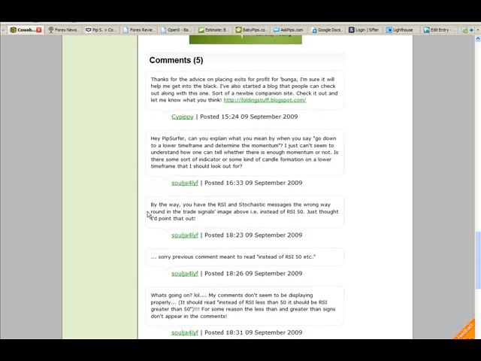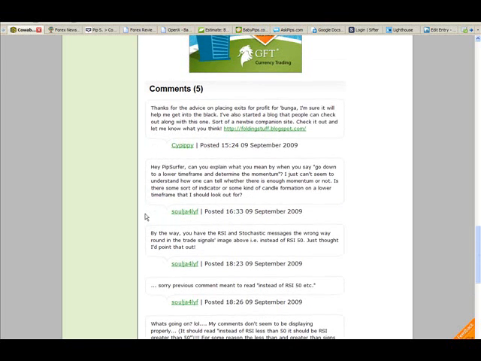Next comment was basically just talking about how I look at momentum when you go to a smaller time frame. Basically, you just zoom down to a 5-minute chart or so. Just look at indicators. Again, it really doesn't matter which ones you're looking at. You could also look at price action. But again, you're basically looking for something on the smaller time frame to indicate to you whether momentum is in your favor or not.